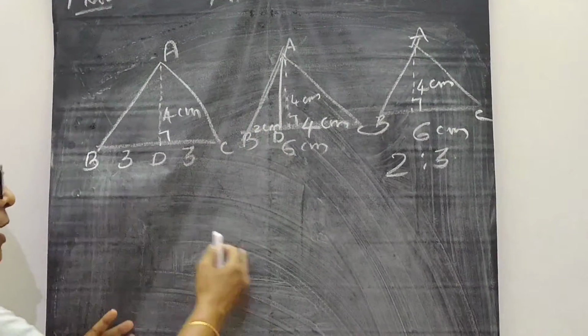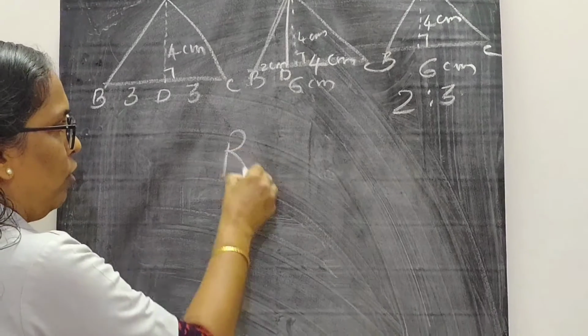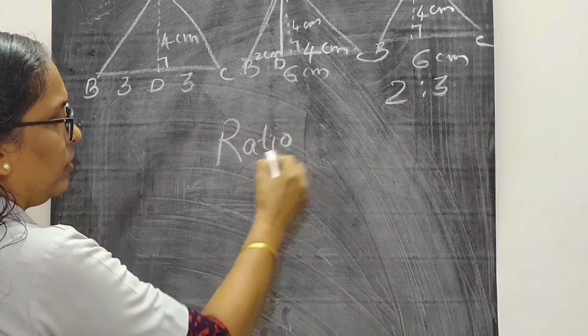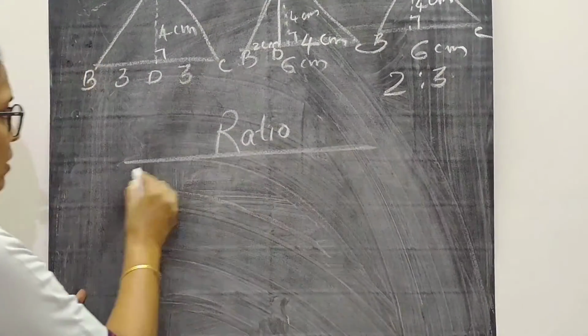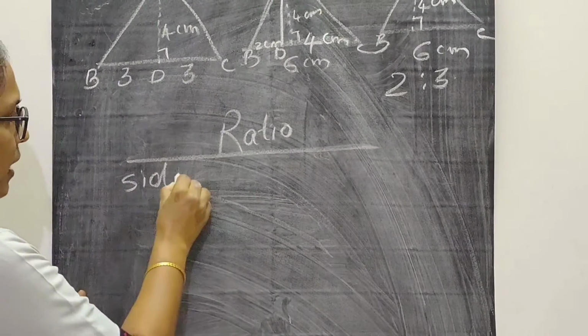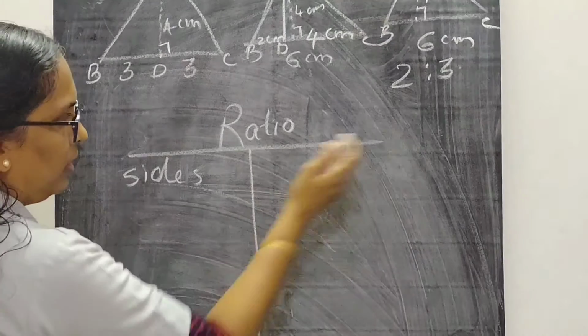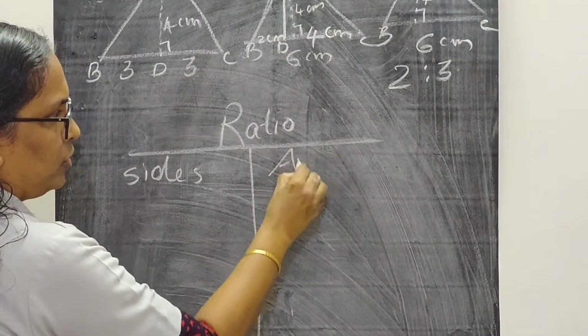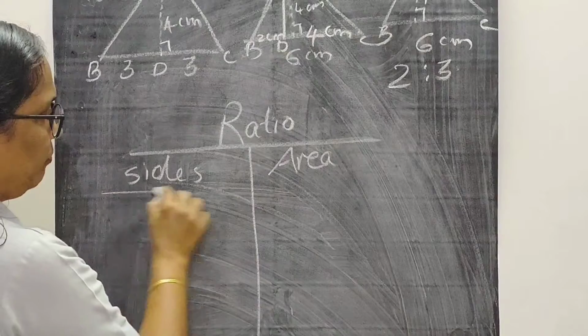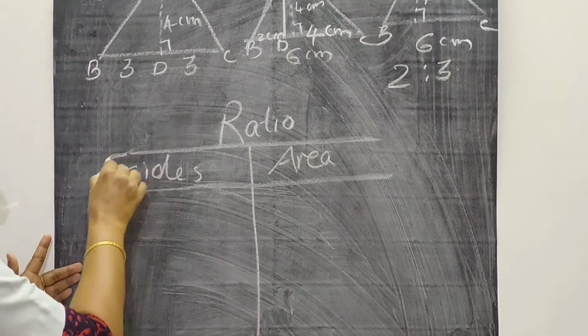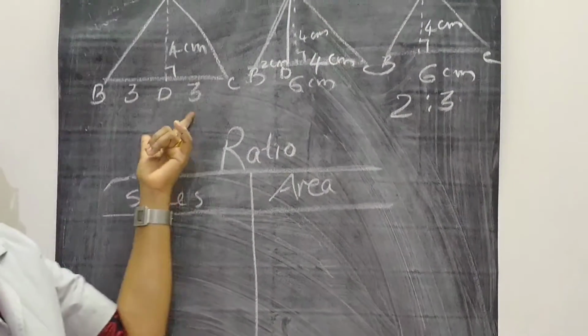Okay, so we can make a table like this. Here we can draw the ratio of the sides, and here we can draw a line. We can write here ratio of area. In the first figure, what is the ratio of the sides?